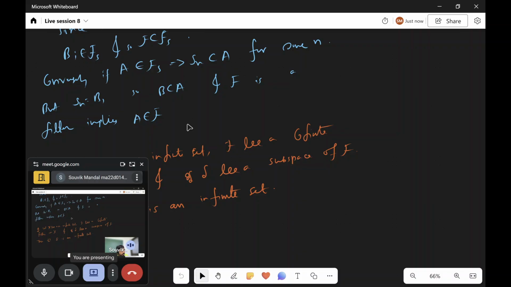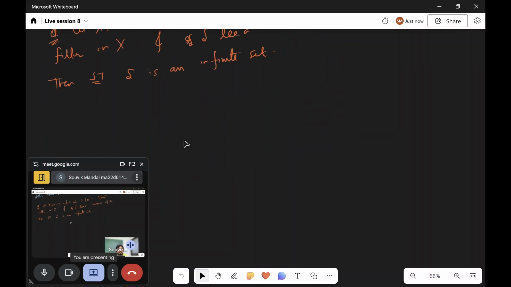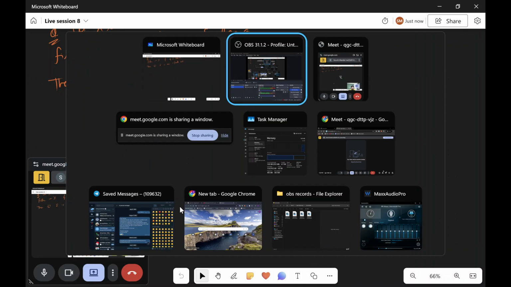X is an infinite set and F is a cofinite filter on X. Show that S is an infinite set. Think about it. Take your time. Let me know. I shall be back in a few minutes.